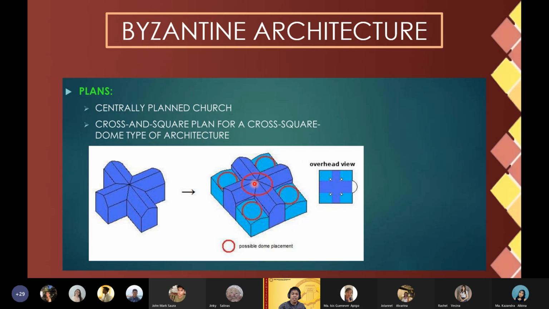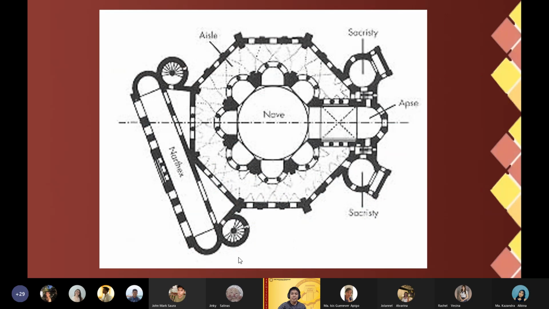In early Christian architecture, the nave is elongated, straight from the narthex up to the apse or the transept. Here, the nave is kind of circular, centrally planned. Cross and square plan for a cross, square, dome type of architecture. That is the form of their plan.